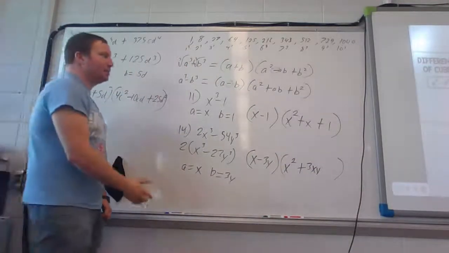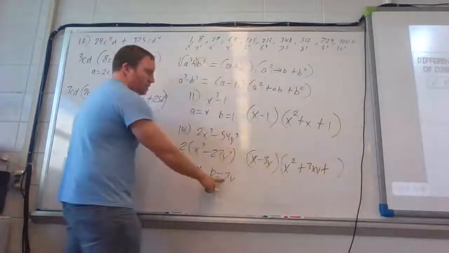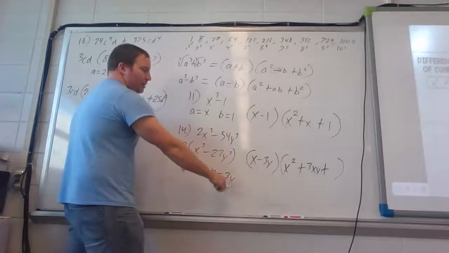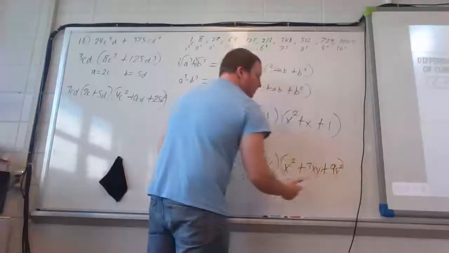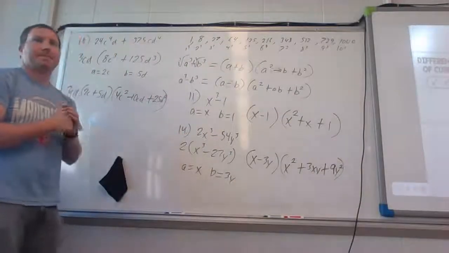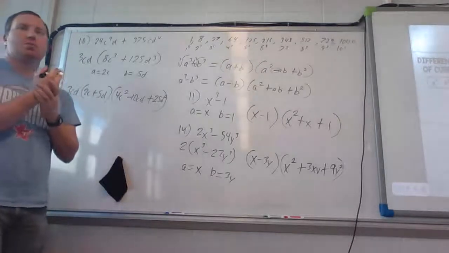And then our last, b squared, so plus 3y squared, 9y squared. Any questions on sum or difference of cubes?